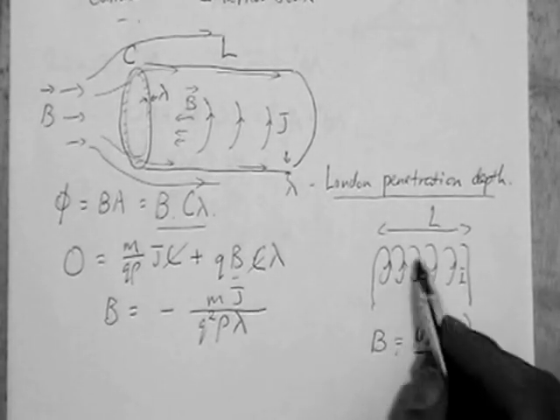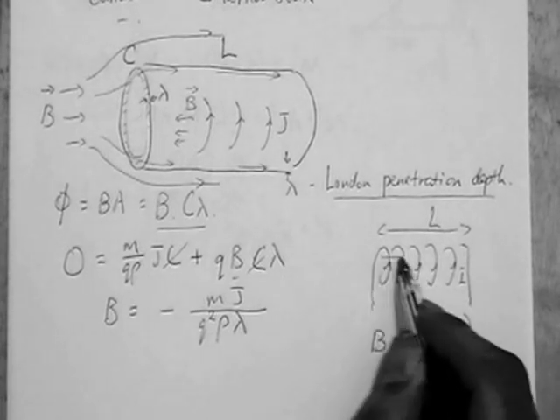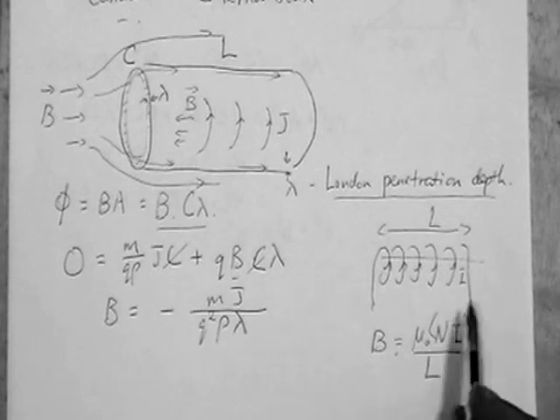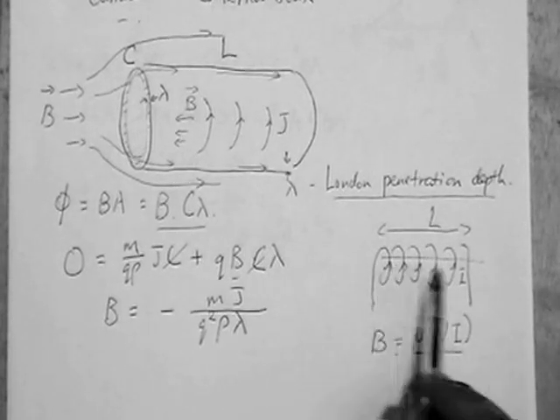Okay, if I think of the total current going through, say, a section of the solenoid, then it would be N times I, because there are N turns.